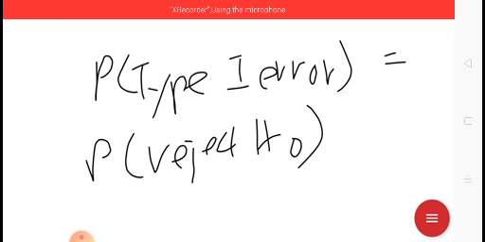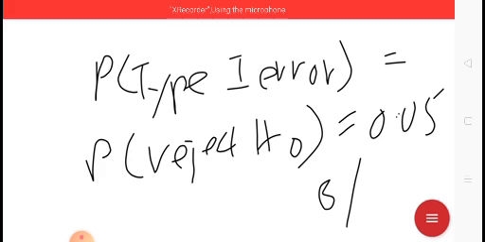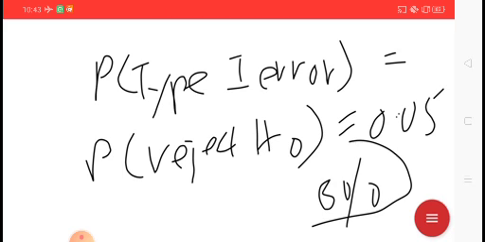Okay, according to the significance level. So for this case, it's very simple. Question asking probability will be 0.05. Okay, so because you test at 5% significance level, it means 5% you will reject the H naught. Okay, so this is 0.05. Okay, so this is for part 2.